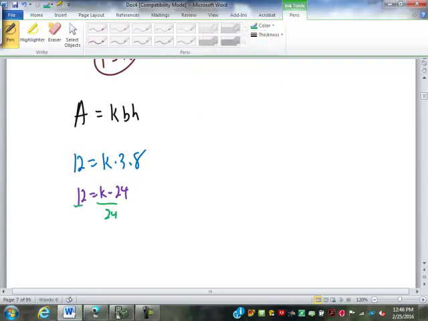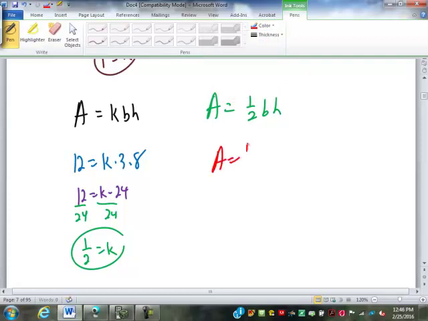Divide by 24, 1/2 equals K. That shouldn't be a surprise since we've always been told the area of a triangle is 1/2 base times height, right? So now we know that. Find it when the base is 10 and the height is 5. It's going to give you 25.